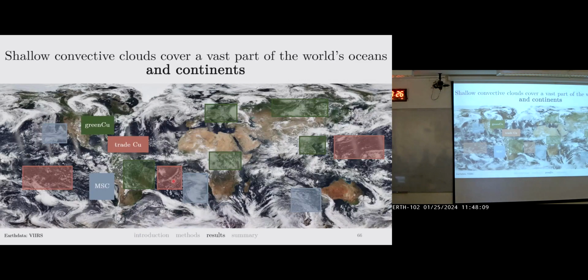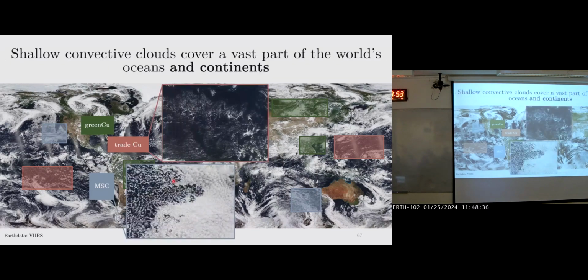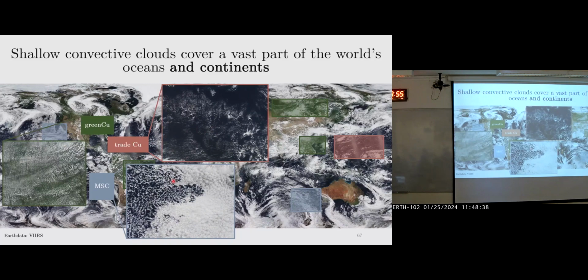So just to sum up, I hope that you now have a better idea of shallow convection over land, about these green Q clouds. We know more or less where and when they like to form. We know the context of meteorological conditions in which we observe them, this combination of humidity, large-scale subsidence, strong inversion. We now also have some idea about their patterns, mostly a grid-like regular pattern, which has a linear alignment to it.